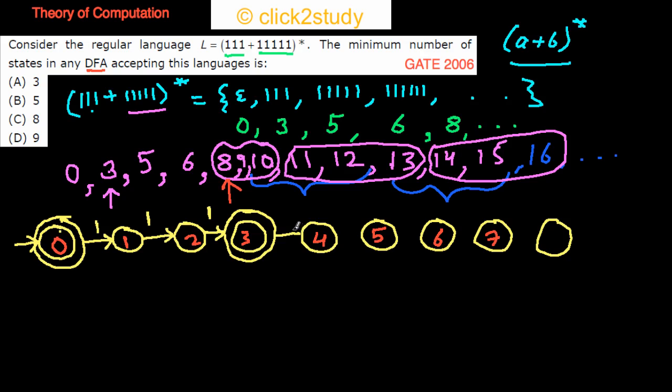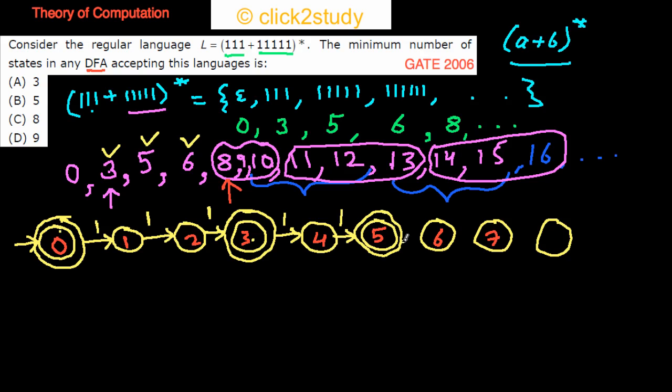4 is something that you don't accept. 5 is again something that you accept. You accept strings of length 5. So you read 3 ones and accepted, and you read 2 more ones and accepted.